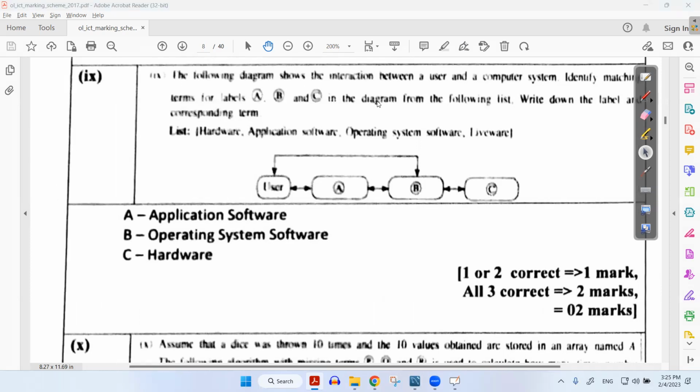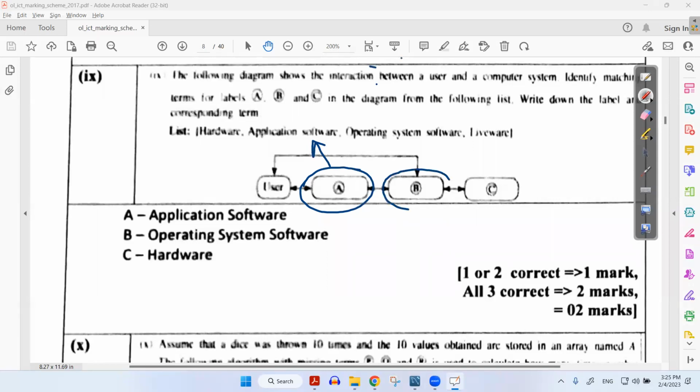Right. So, sorry for the interruption, people. If you know the behavior of the operating system, user, hardware, and the application software, application software is the closest component to the user. So A goes with the application software.